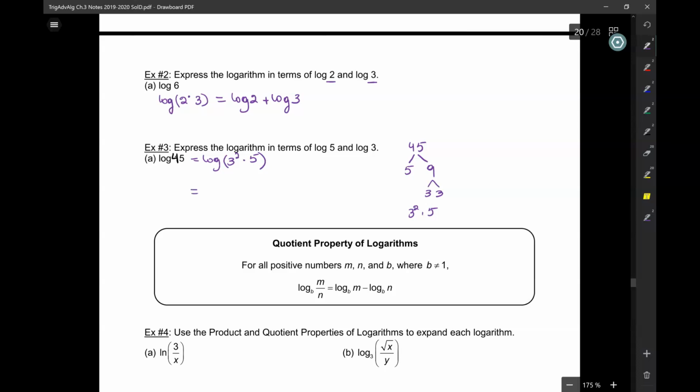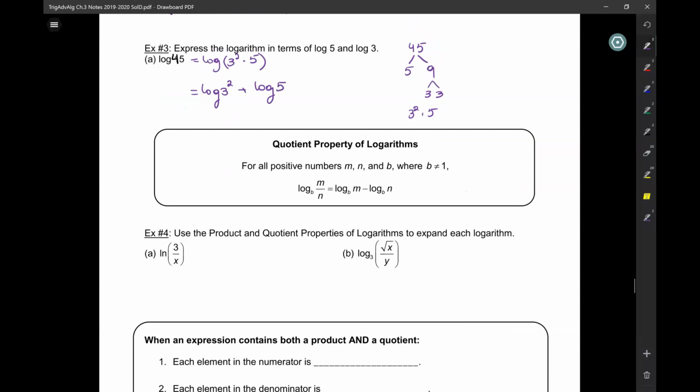And when I expand, log 3 squared plus log 5. Yep. Could you do log 3 plus log 3 plus log 3? Yeah, you can do log 3 plus log 3, but then it'll be 2 log 3. Right? And we're going to come back to this in a minute as well and simplify a little more.